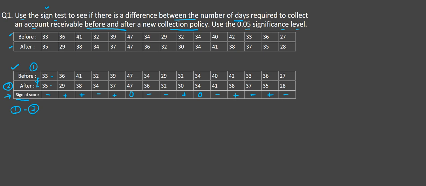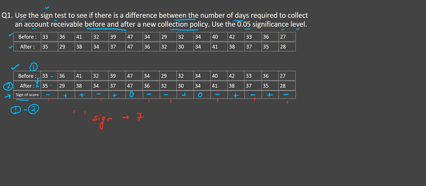First let us count how many positive, how many negative and how many zeros there are. If we count the minus signs, here we have 1, 2, 3, 4, 5, 6 and 7. So 7 is our minus sign count, not the plus sign.